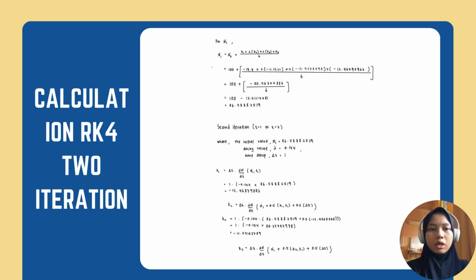And we proceed to calculate the k4, where 1 times negative 0.144 times (100 plus negative 13.4378496). We will get k4 equal to negative 12.464966. We will proceed to find N1, where to find N1, we will calculate N0 plus (k1 plus 2 times k2 plus 2 times k3 plus k4) over 6.